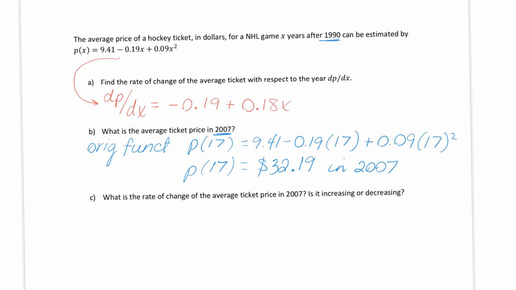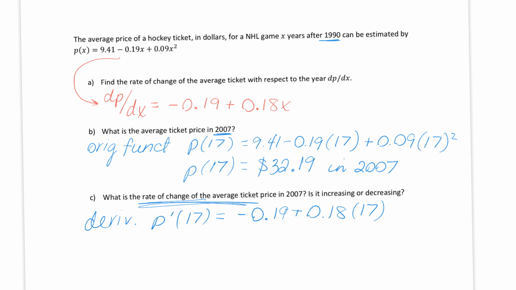Okay, what is the rate of change of the average ticket in 2007? Is it increasing or decreasing? All right, it's asking again for rate of change of the ticket price. That's going to take us to our derivative. So we're going to use P prime. We're still dealing with 2007, so that's 17 years. So P prime of 17, and we're going to plug our 17 into our derivative.